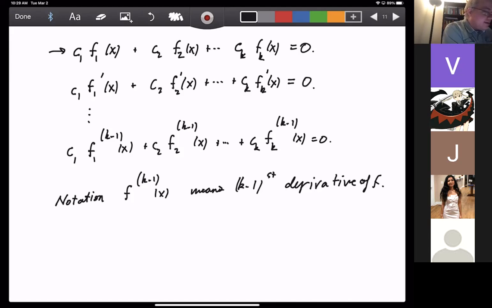So essentially, notice we start with just the functions. We can think of that as the zero derivative. The second line is the first derivative, all the way down to the k minus first derivative. So there's really k such equations. We've got these constants C1, C2 up to Ck.